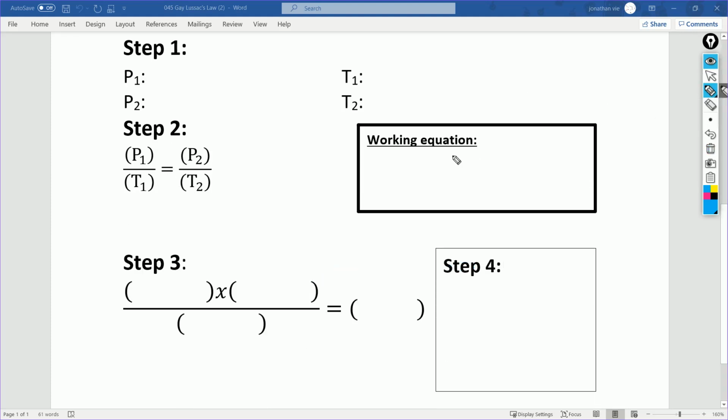So the equation goes T1 times P2 divided by P1 is equal to T2, right? And T2 is what we're looking for. So we found T1. Me scooting it screwed all that up.